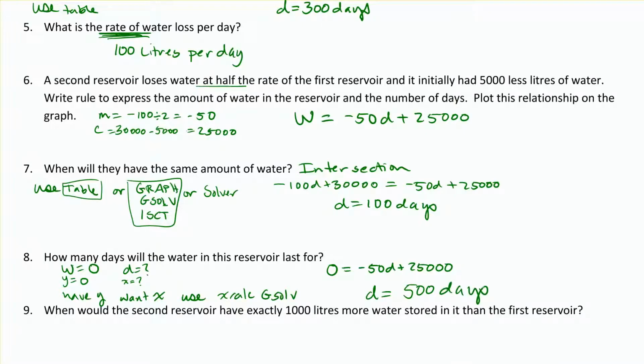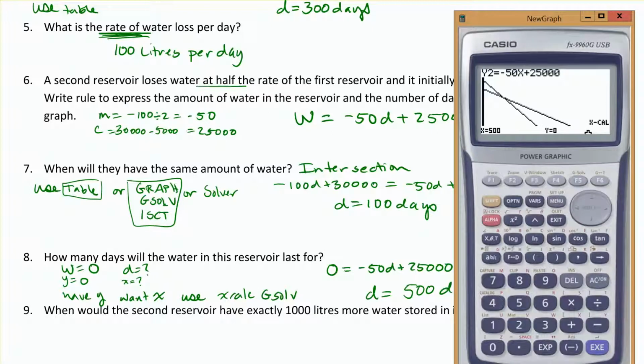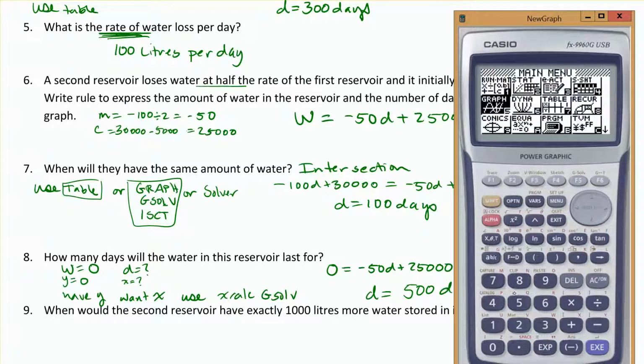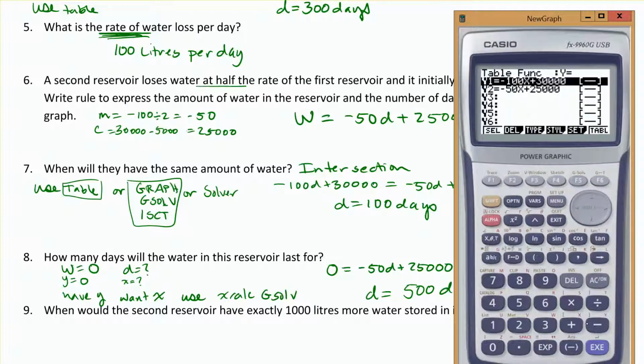When would the second reservoir have exactly 1,000 liters more water stored in it than the first? That's a tricky problem, but one way that you could do that with a calculator would be using table. Again, if you're swapping back and forth between functions, you might have to retype them.